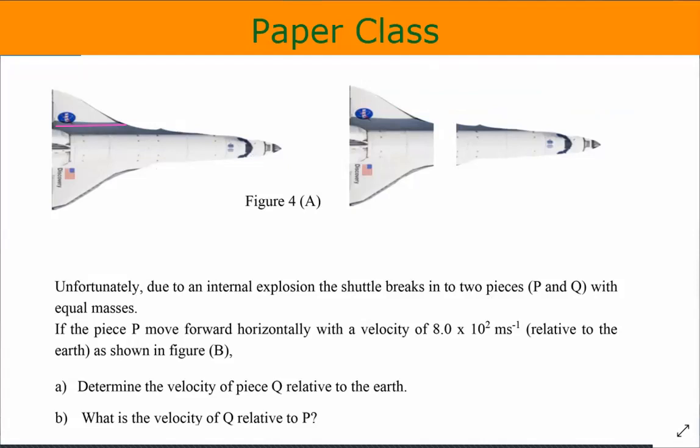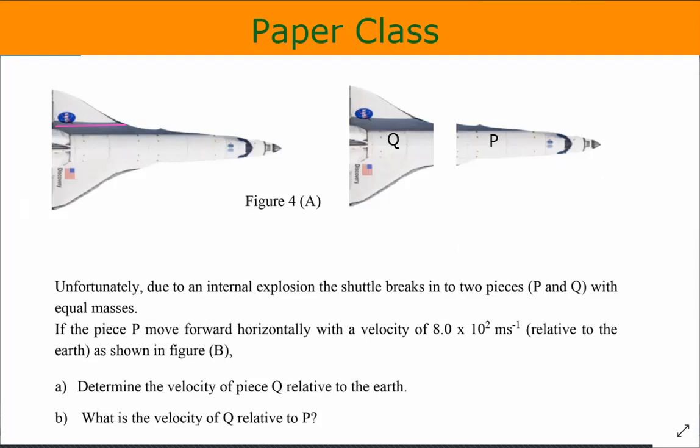The front piece was named P, the other one was named Q. So you have to draw a rough sketch of this figure quickly. Q is this one, P is the front one, and this is the shuttle.